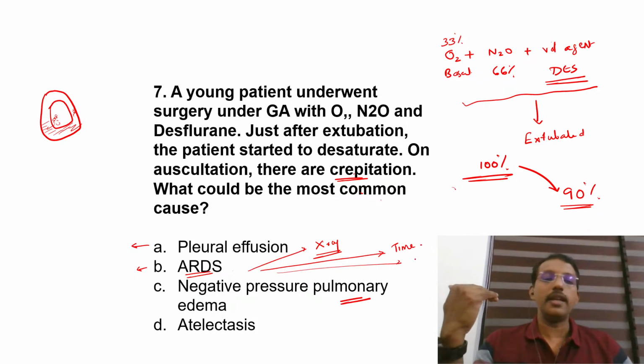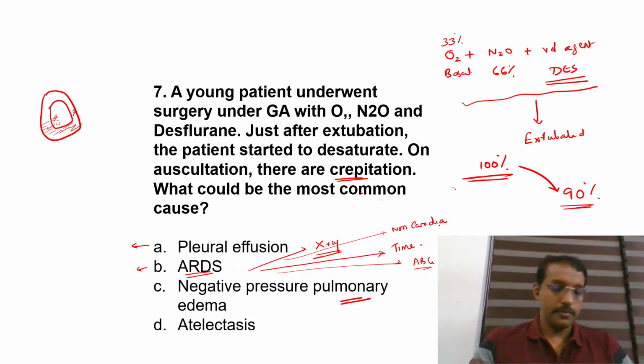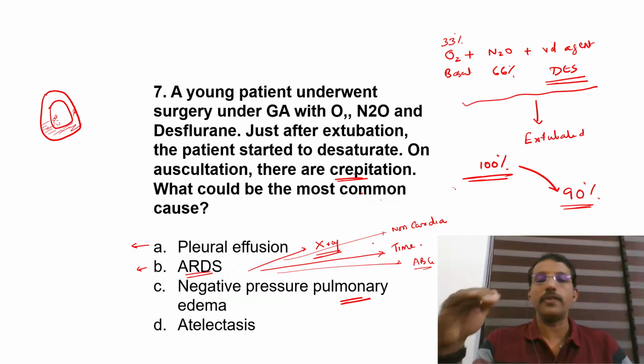Third, you need an ABG to find out the ratio, the PaO2 by FiO2 ratio. That is also not there. And you should also rule out other causes like cardiac failure, meaning it should be of non-cardiac origin. All this has to be ruled out to make a diagnosis of acute respiratory distress syndrome, ARDS.